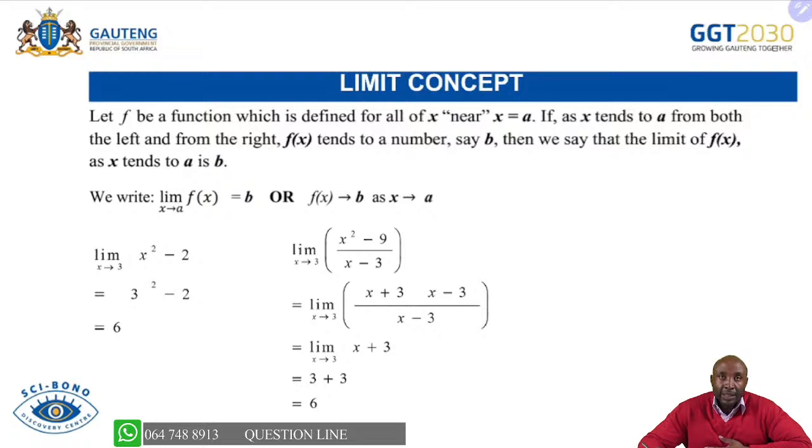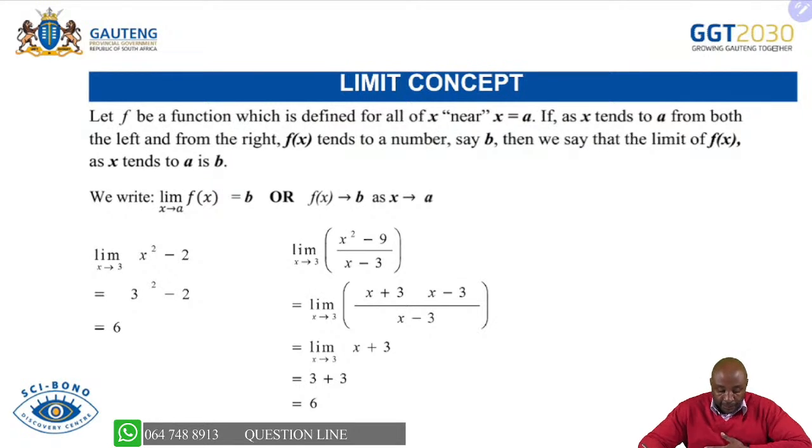And we are going to say that becomes the limit for that particular function. If f of x tends to a number, say b, then the limit of f of x as x tends to a is going to be b.